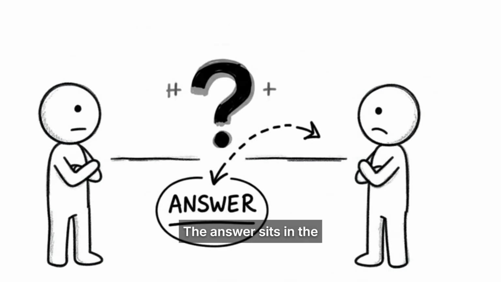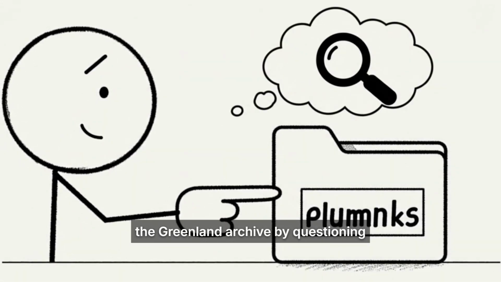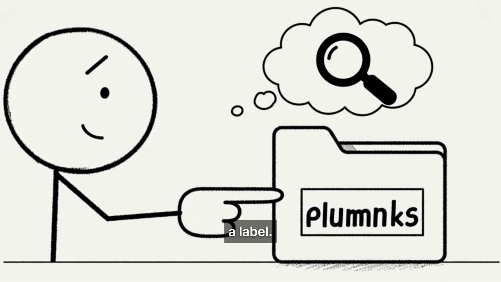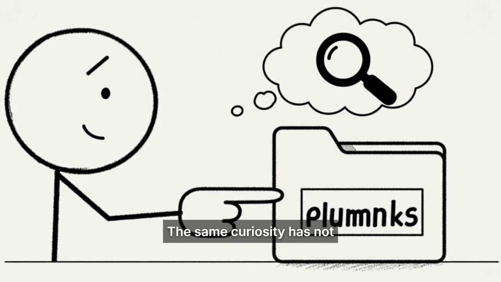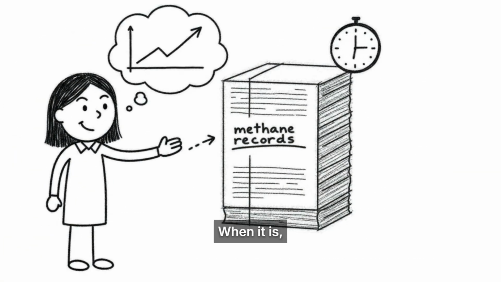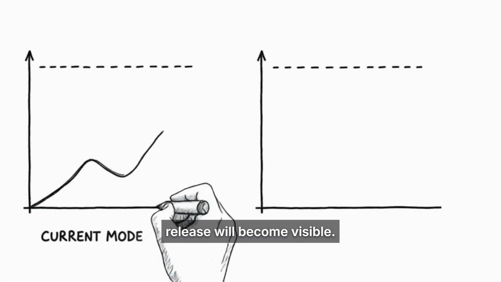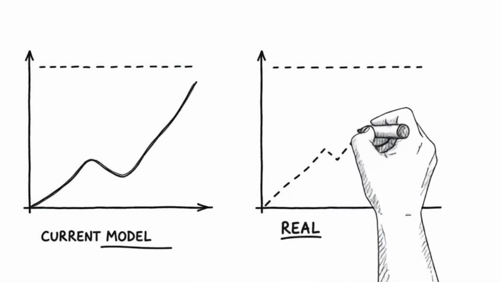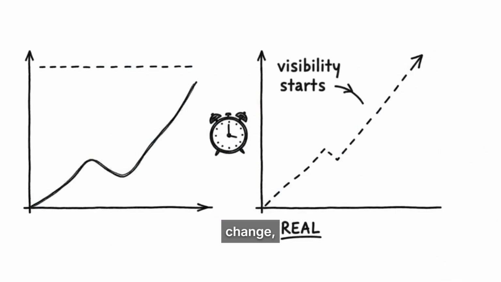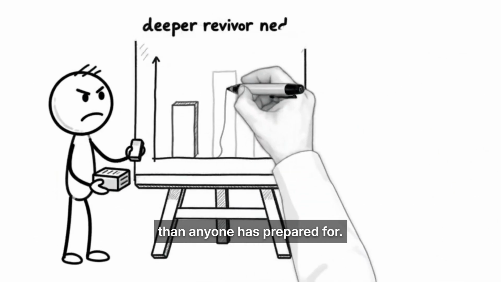The answer sits in the same gap. A single graduate student unlocked the Greenland archive by questioning a label. The same curiosity has not yet been applied to the methane monitoring records. When it is, the real timeline of carbon release will become visible, and the current climate models, already underestimating the rate of change, will need a deeper revision than anyone has prepared for.